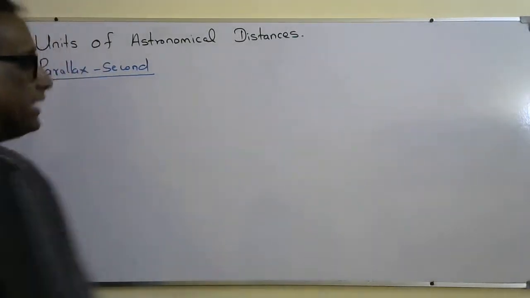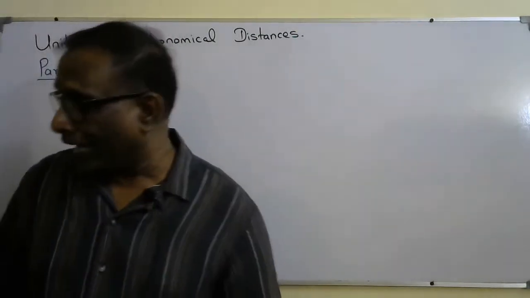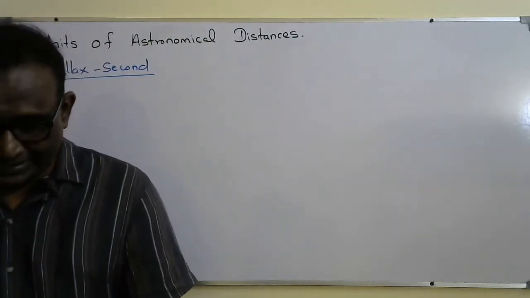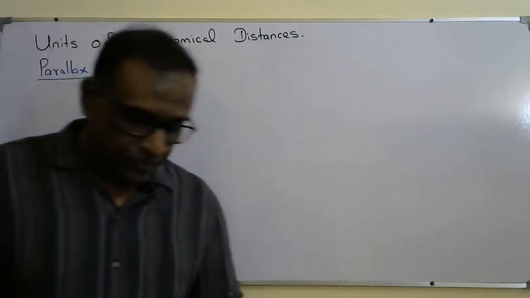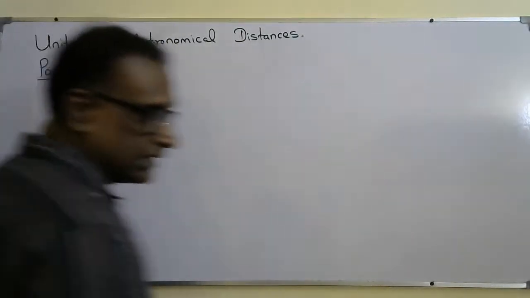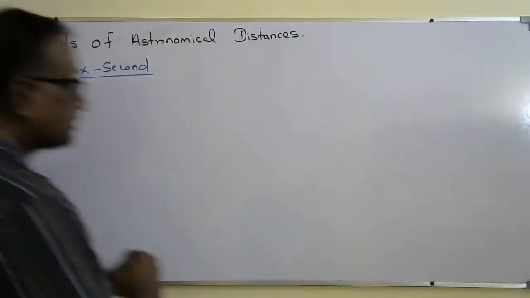Okay, so how do we define 1 parallax second? We know that Earth is orbiting the Sun. So this is the Sun.